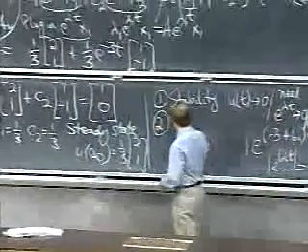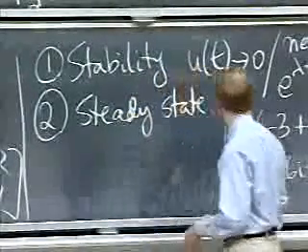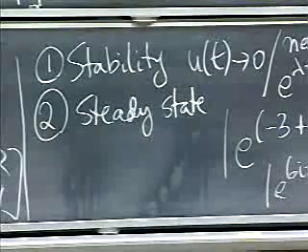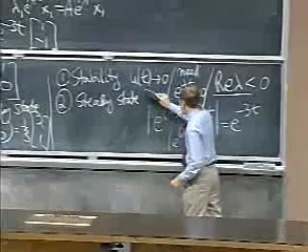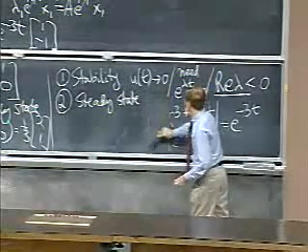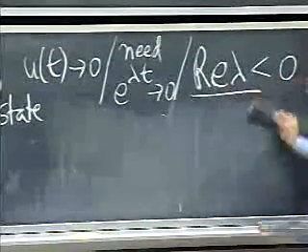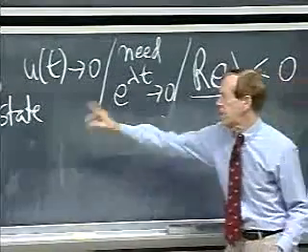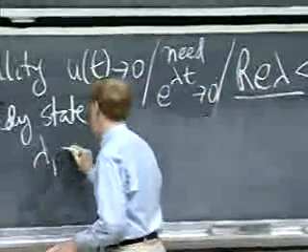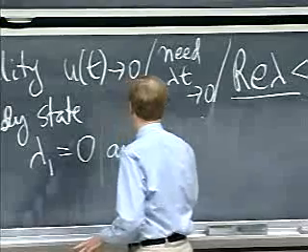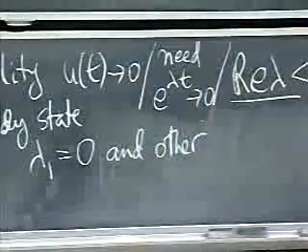And what about a steady state? When would we have a steady state always in the same direction? So that was like checking that it's the real part that we care about. Now we have a steady state when lambda 1 is 0 and the other eigenvalues have what?